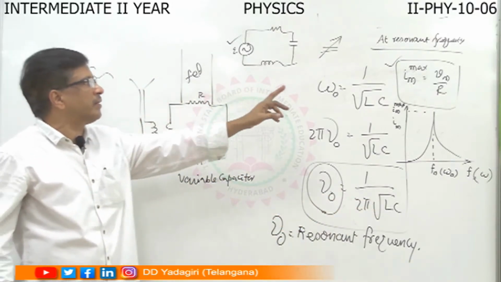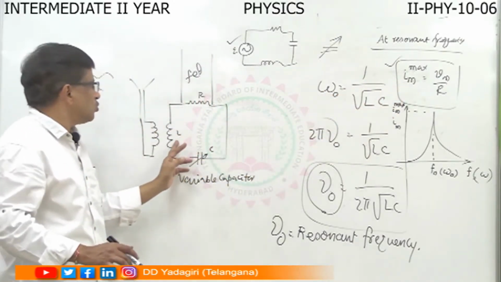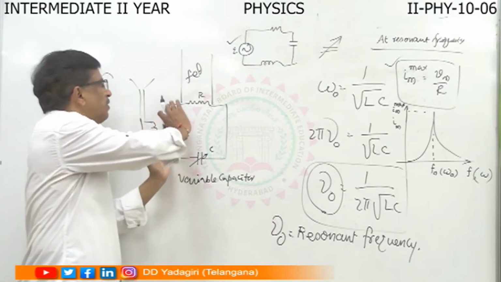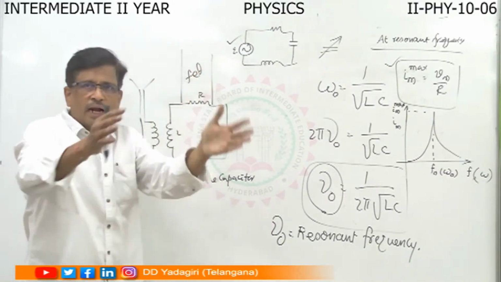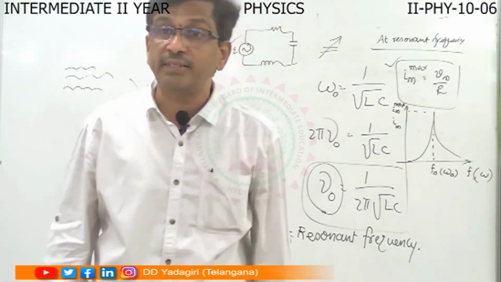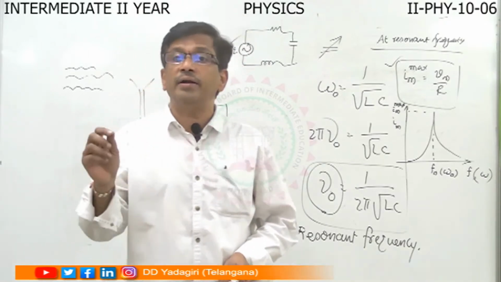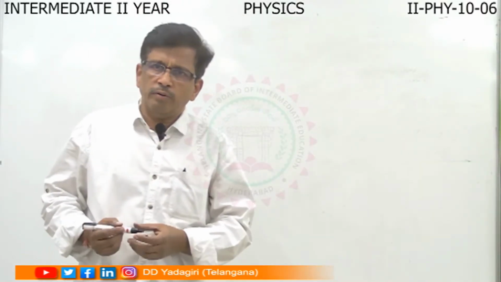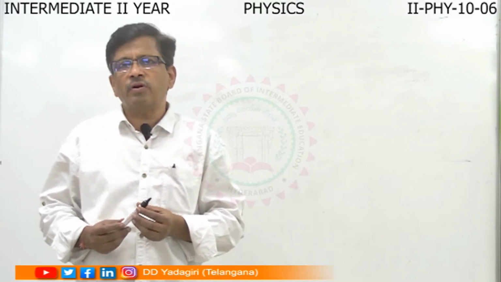Those waves only will have high current and high voltages. Those are processed, and that signal only will be shown in our TV. This is the way LCR circuits are helpful in tuning our radios and TV. Now, I shall explain a concept called power factor.